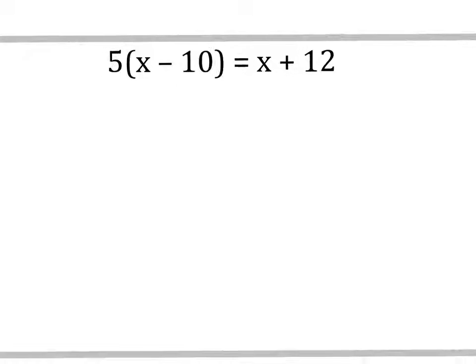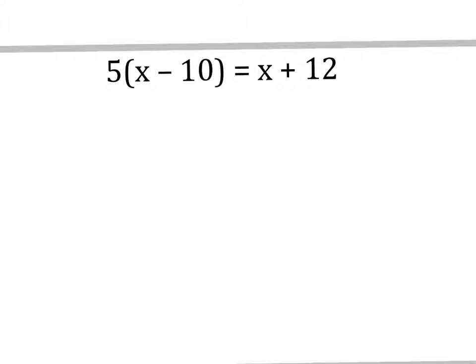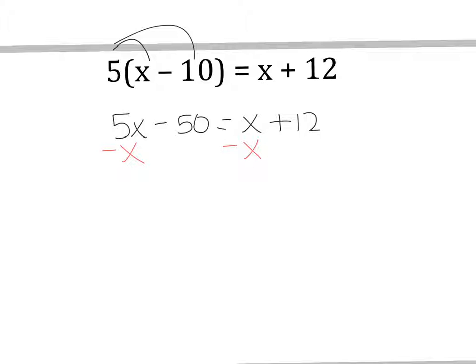And then I'll do a couple more. So right here, I'm going to distribute. So I have 5x minus 50 equals x plus 12. I want to get my x's on one side. I'm going to get rid of this x. So I'm going to subtract x from here and here.